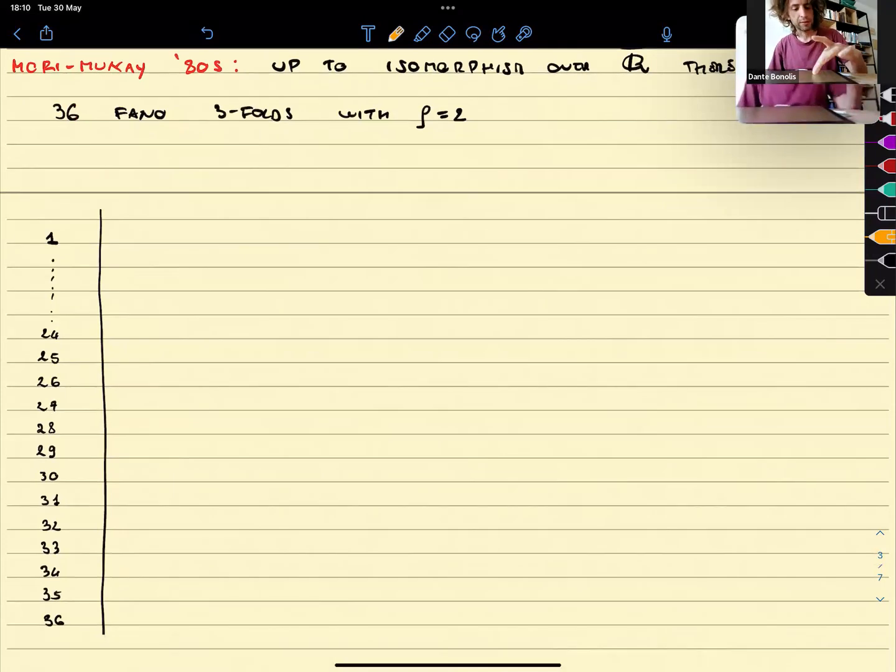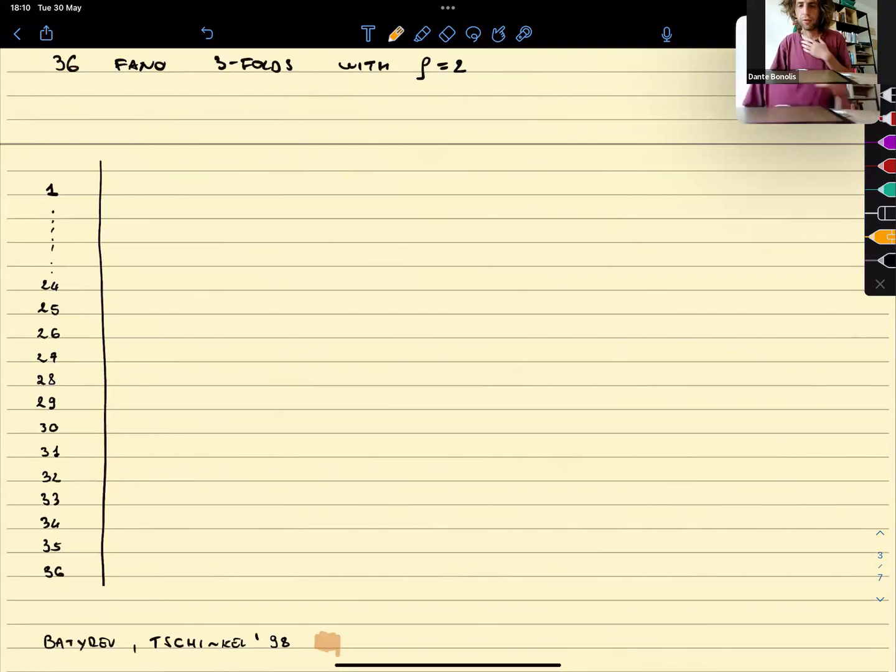I don't want to write down the whole list, but you can list all of them from 1 to 36. This list is made according to some geometric invariants, which I don't want to go into in detail. I just want to point out that this list works a bit like the list of del Pezzo surfaces.